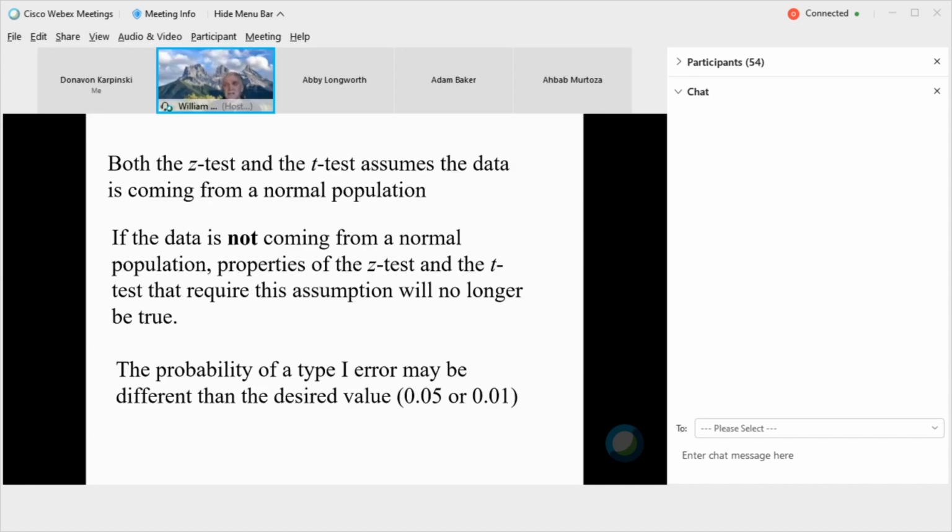If the data isn't coming from a normal population, the Z test and the T test, they require this assumption, they're no longer valid tests. The probability of a type 1 error might be different than the desired value, 0.05 or 0.01.